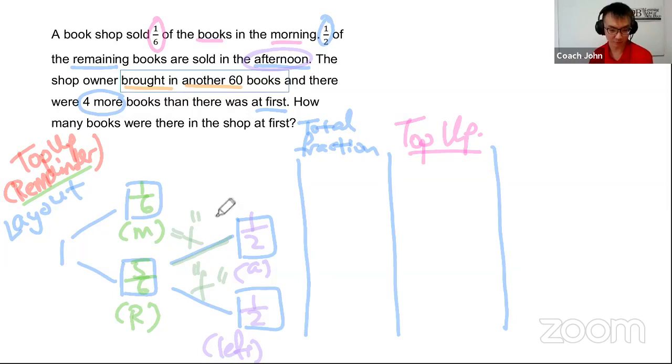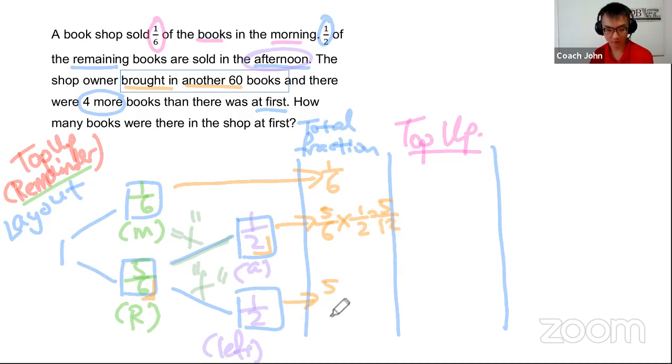To make it easier for you, you have 3 rows here, which means that first you have 1/6, just copy down. Then secondly, you have 5/6 times half, and we have 5/12.